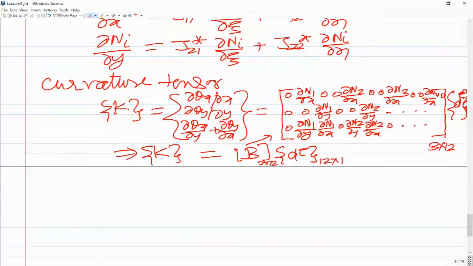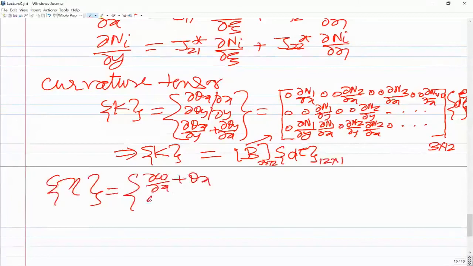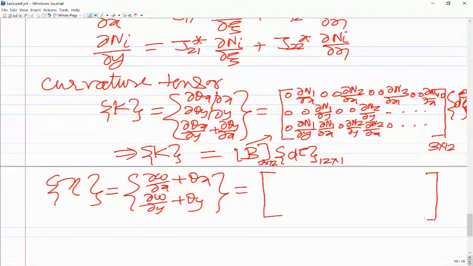Similarly you can define gamma. Gamma is equal to del w by del x plus theta x and del w by del y plus theta y. Then you can define your BS matrix, which will be multiplied into DE.